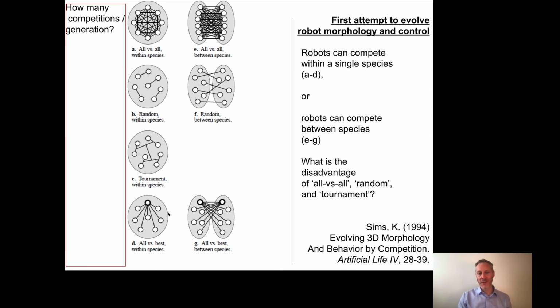Sims came up with this solution down here, which he called all versus best. So in the first generation, he did all versus all. He computed the actual or exact fitness of every individual in the population. That let him determine that in this cartoon, this individual was the best.